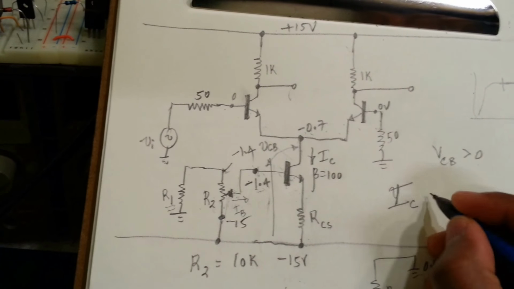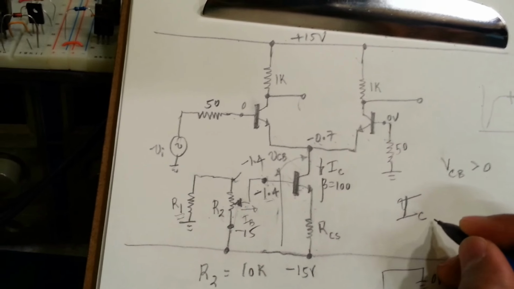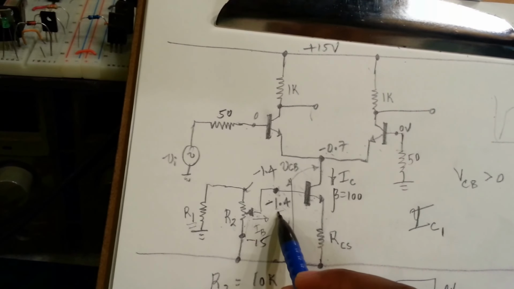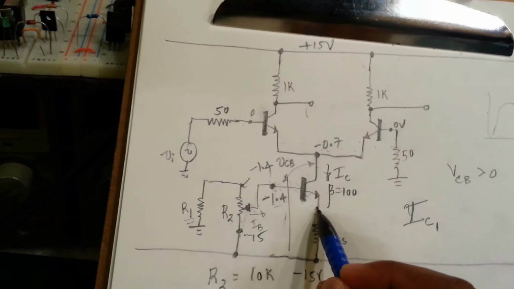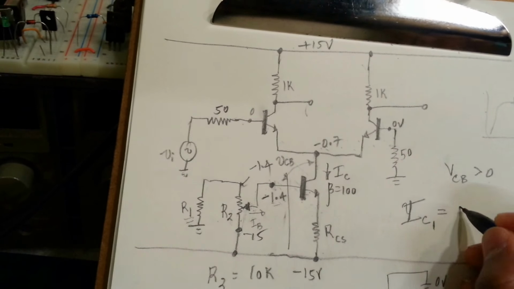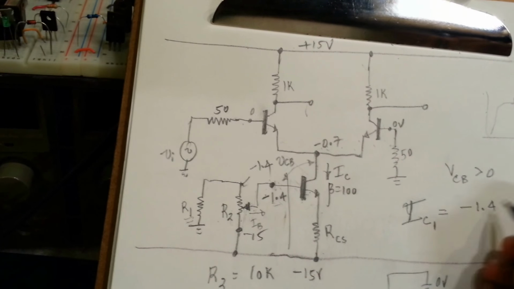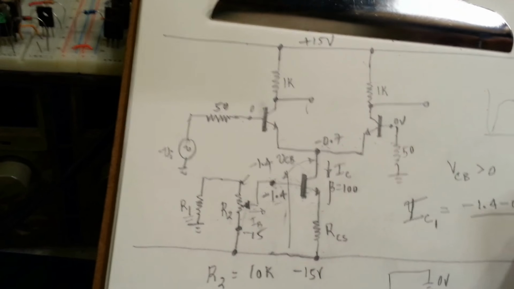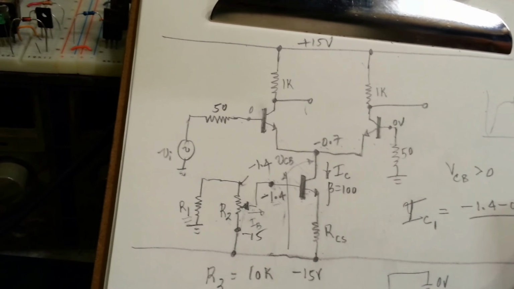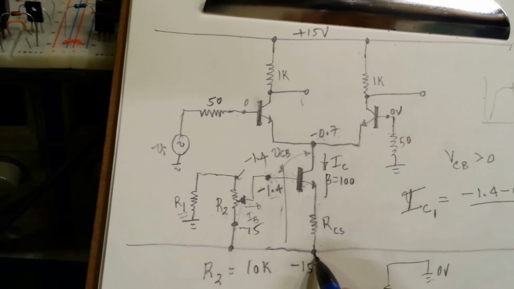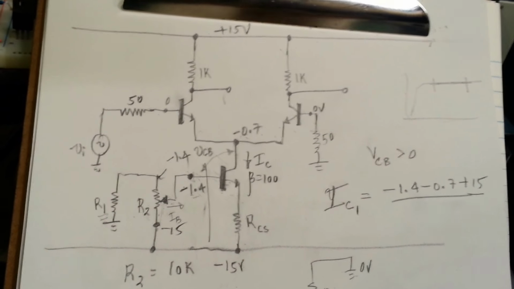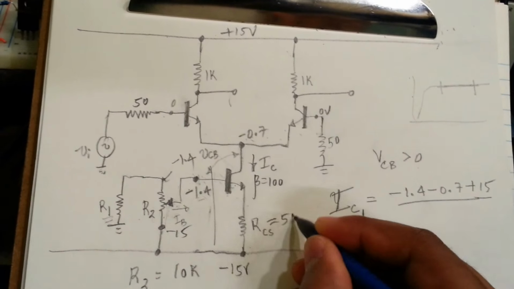IC1 will be when this voltage is at minus 1.4; it will go down by another 0.7 here, so it's going to be minus 1.4 minus 0.7, plus 15, which is on the other side of this resistor, divided by the resistor that we selected, which is 510.